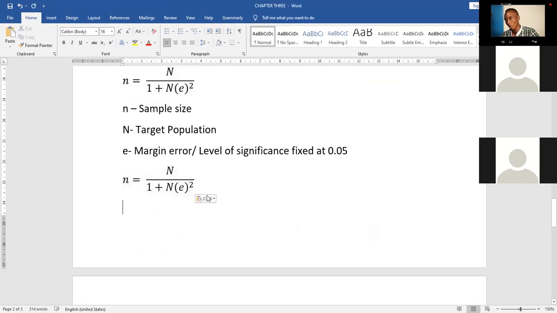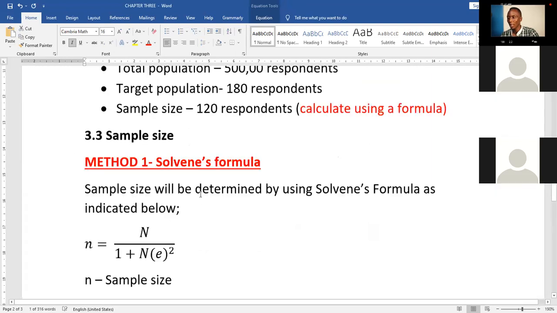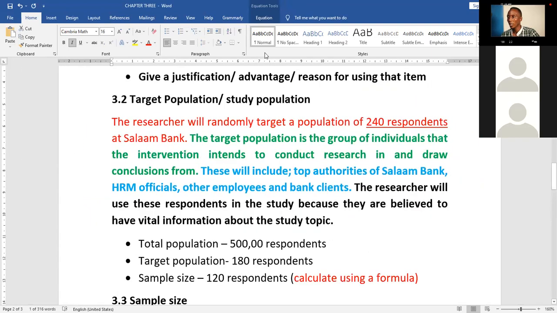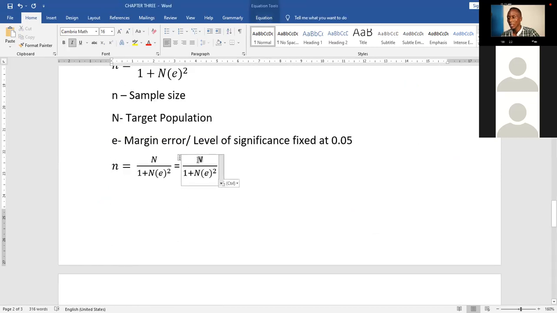So we're going to say equal to, let me just copy this again, and then we substitute. Our target population is how many? Our target population is 240. You can even see it here. Our target population is 240 because I told you that target population is an estimate.